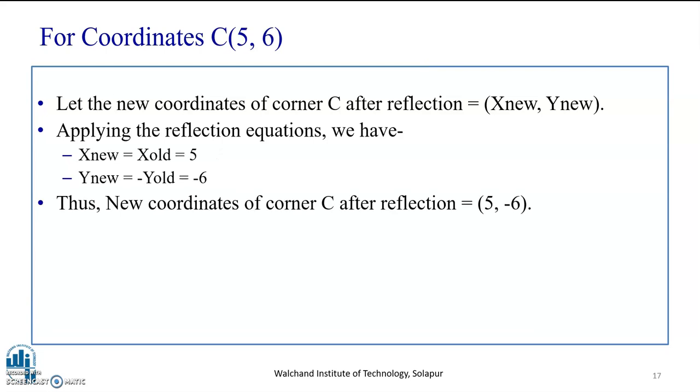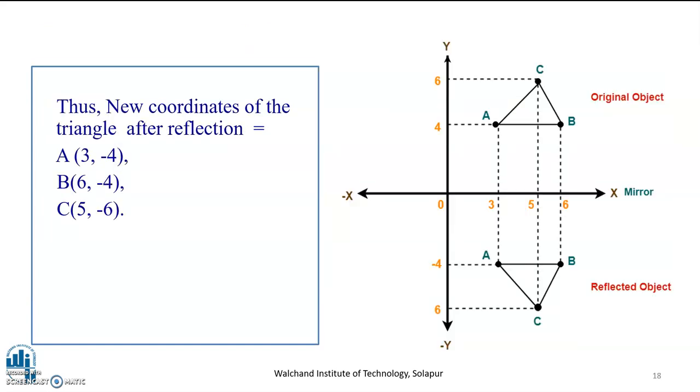Now, for coordinate C, that is (5, 6), the new coordinates of corner C after reflection are x new, y new. Applying the reflection equation, we have x new equal to x old, which is 5, and y new equal to minus y old, that is minus 6. Thus, the new coordinates of corner C after reflection are (5, -6). Now, we get the new coordinates of the triangle after reflection as shown in the diagram.